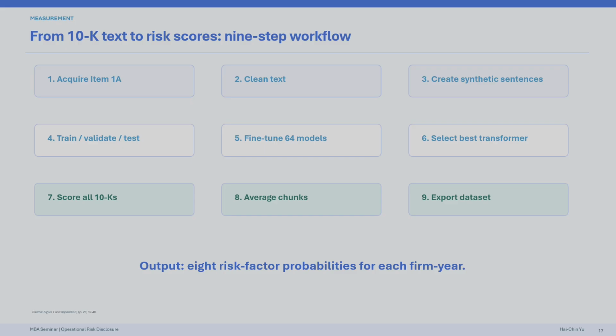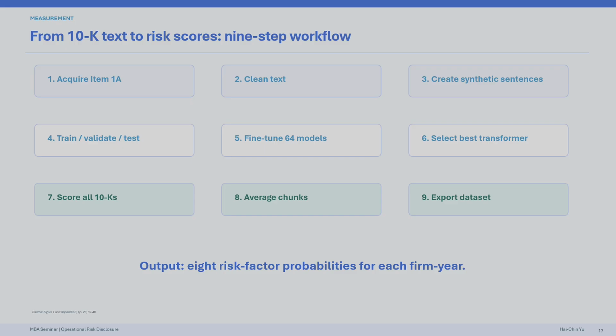10K report, 9-step workflow. Read item 1A, clean the text, create the sentences related to each risk, train the model, adjust the 64 models, choose the best model for each risk measure, and then produce and export the score.